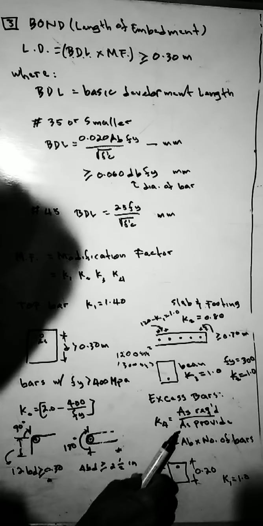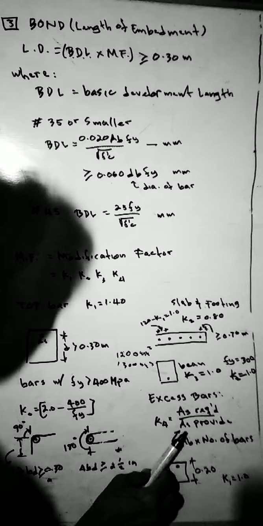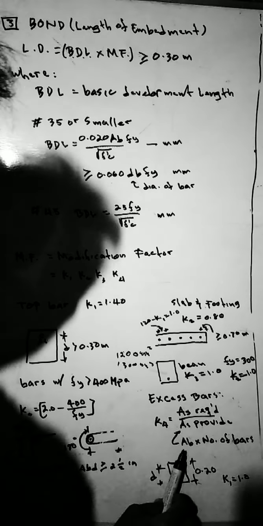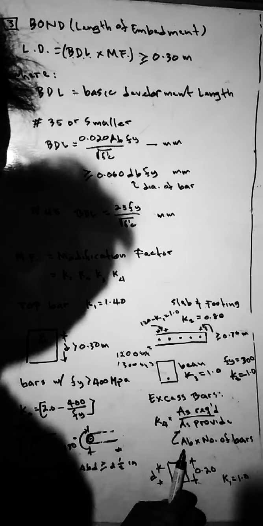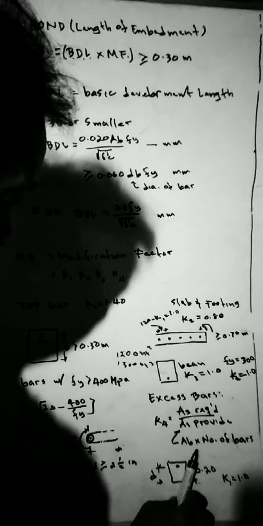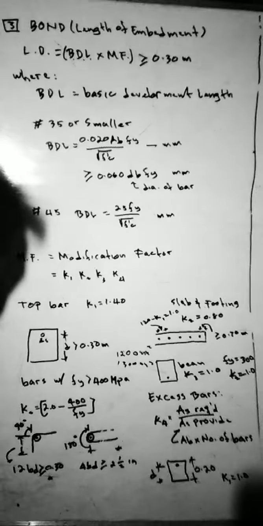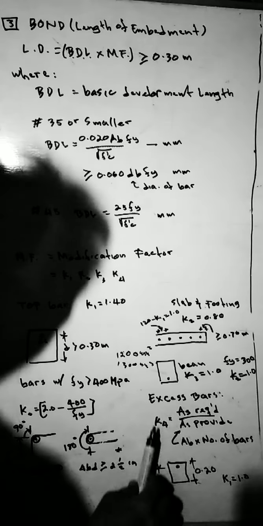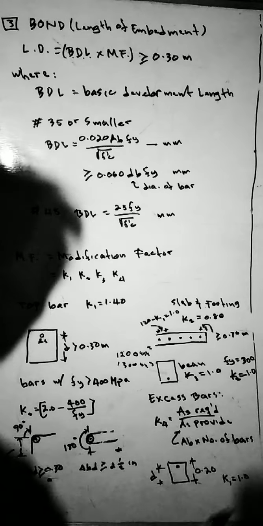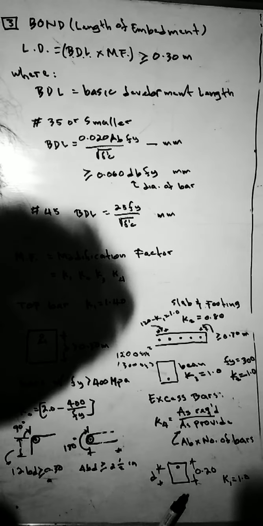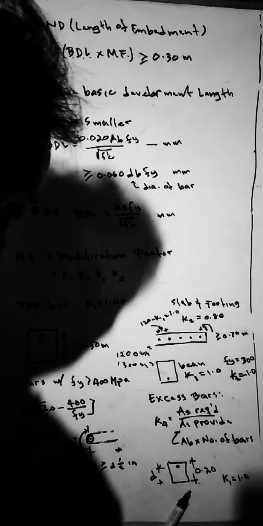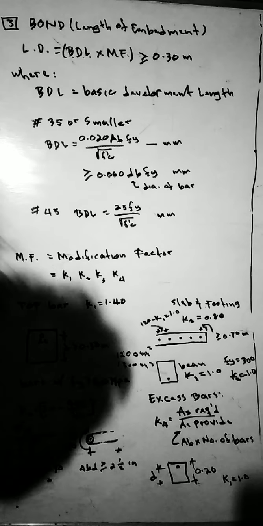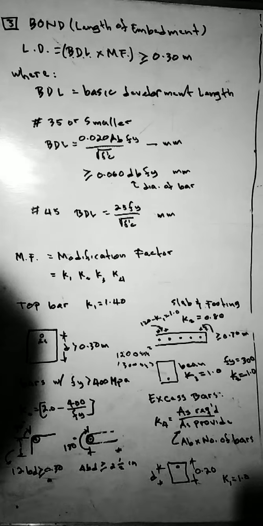So that is the As required and the As provided. As provided is the area of the individual bar times the number of bars. That is the K4 for the excess bar. And for the beam, with a depth of 0.20, K1 is 1.0.